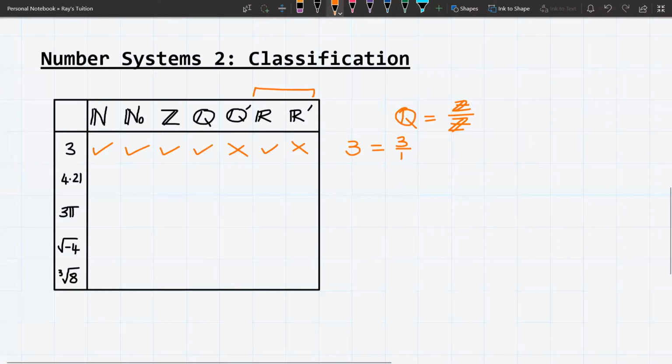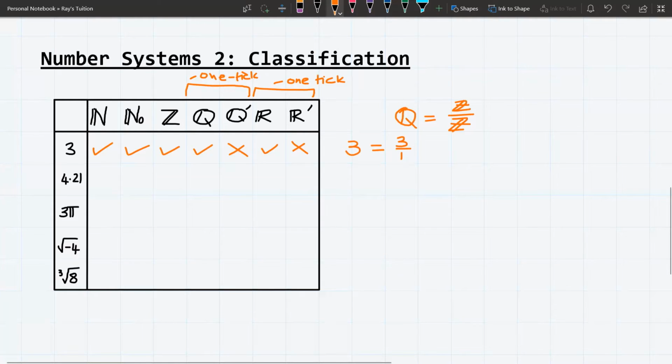So you should only have one tick between those two because it can't be both, and only one tick between rational and irrational. For real, if you've ticked anywhere before, then it is a real number.